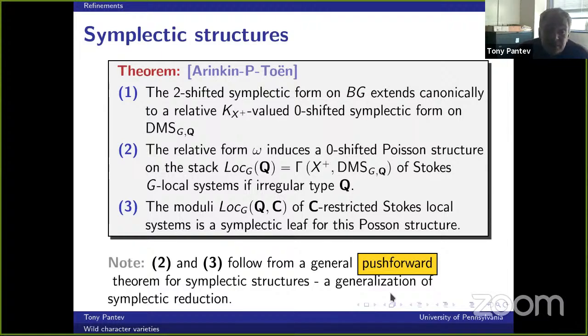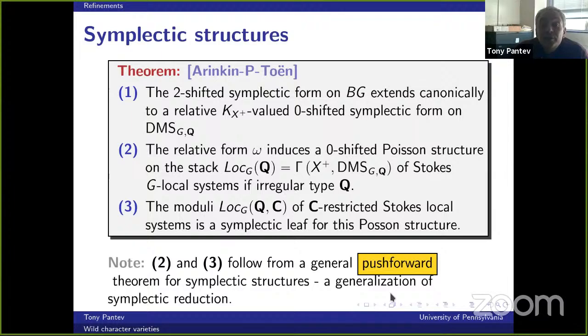In fact, statements 2 and 3 in the theorem are a consequence of a general push-forward theorem. What we actually proved is a characterization of relative sheaves of stacks that have relative shifted symplectic structures with values in the Verdier dualizing sheaf. And we proved that if you have a proper stratified map between stratified spaces, and you push forward a sheaf of stacks that has a relative symplectic structure, the push-forward sheaf of stacks also has a relative symplectic structure, which is the push-forward of the relative symplectic structure.